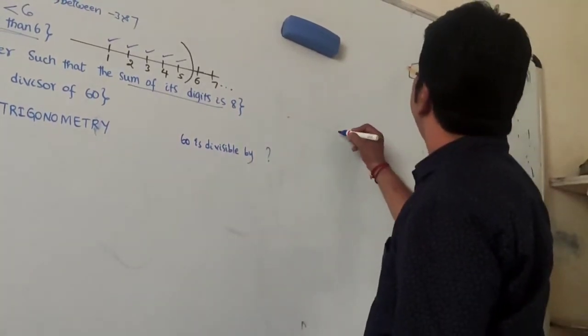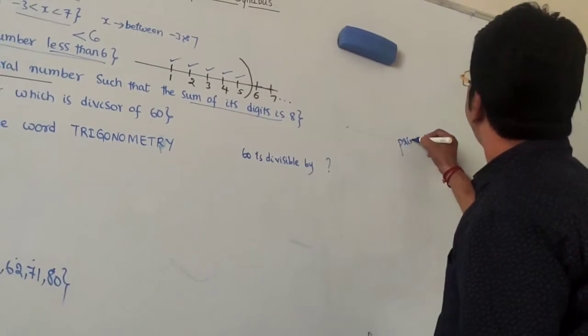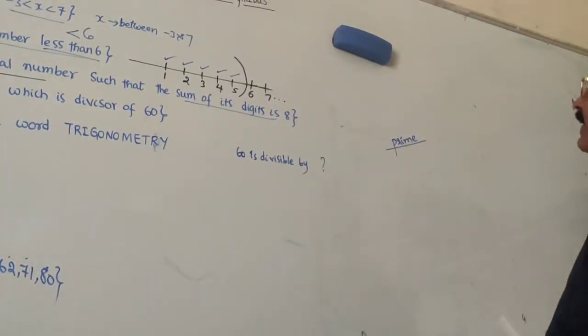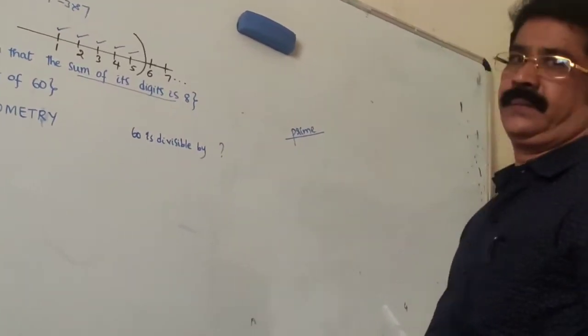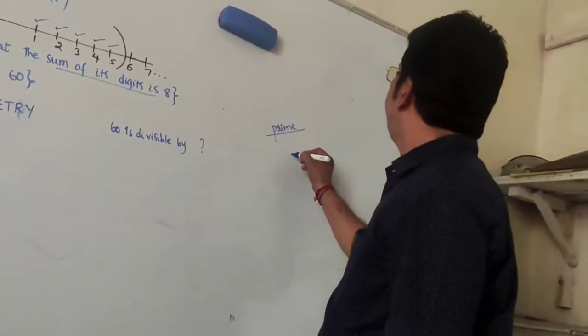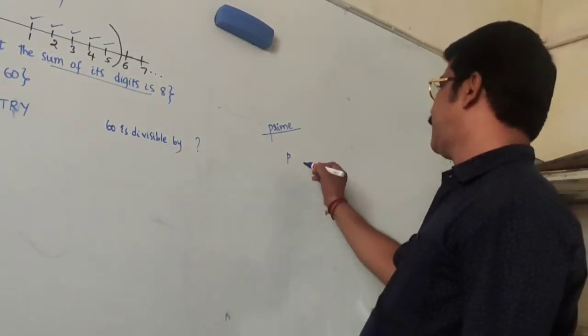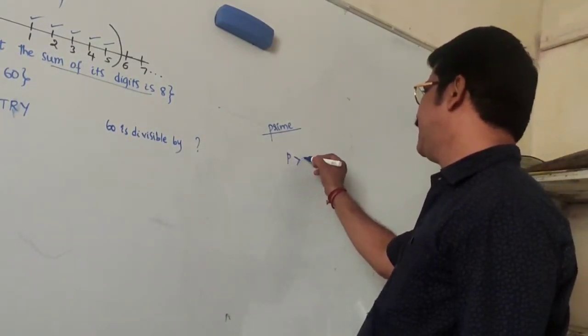We are discussing the definition of prime number. For example, P is a number. First condition, it should be greater than 1.